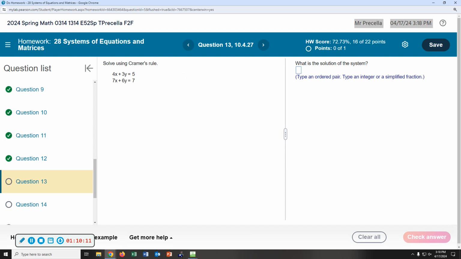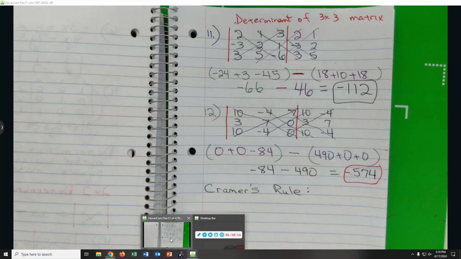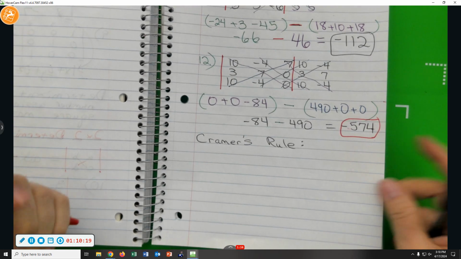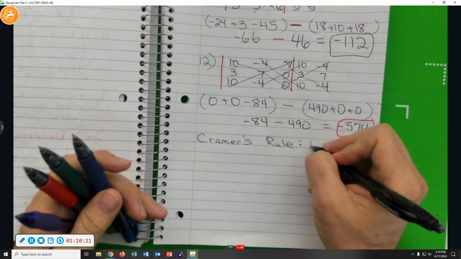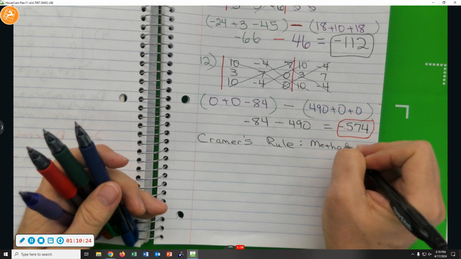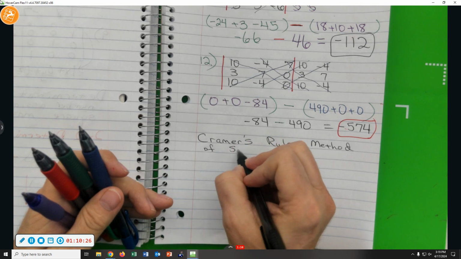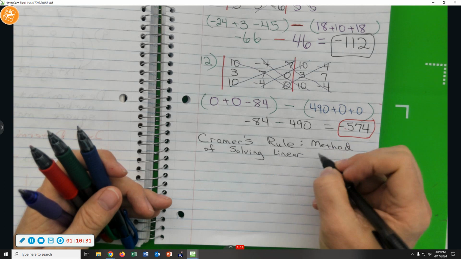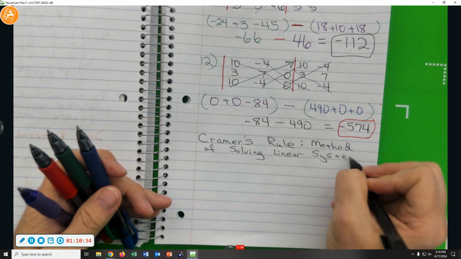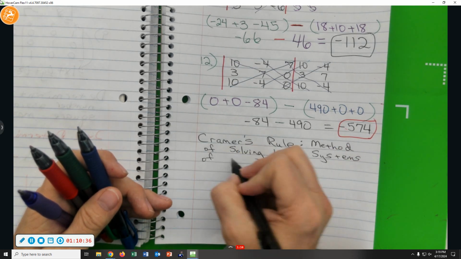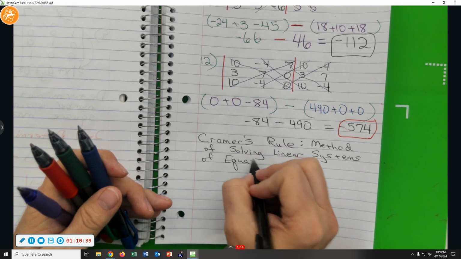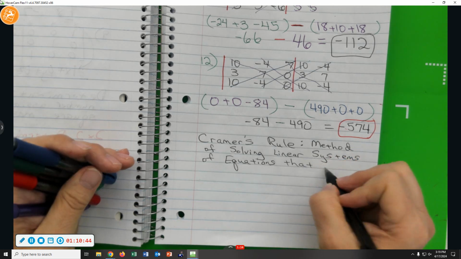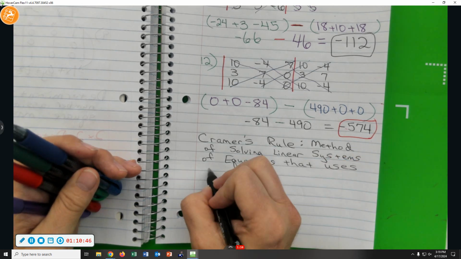I'm going to define Cramer's rule to be a method of solving linear systems of equations that uses determinants.